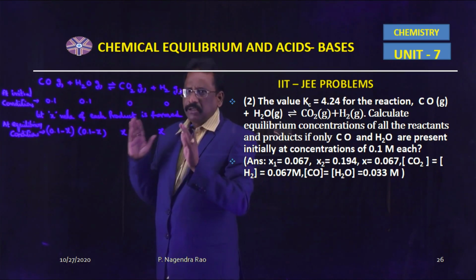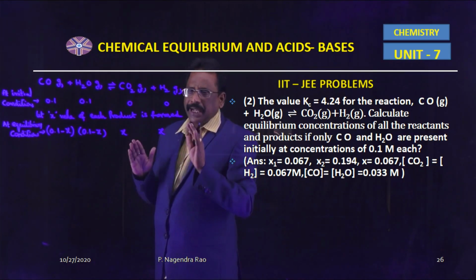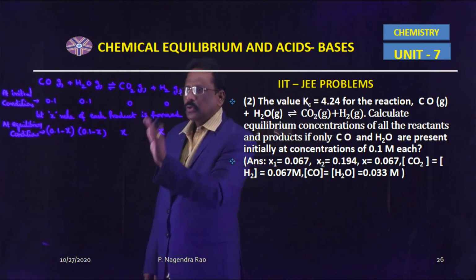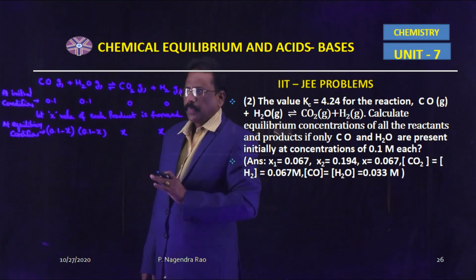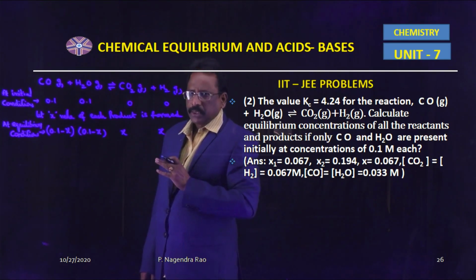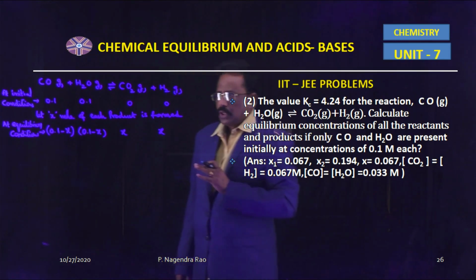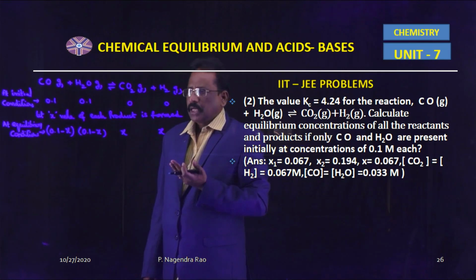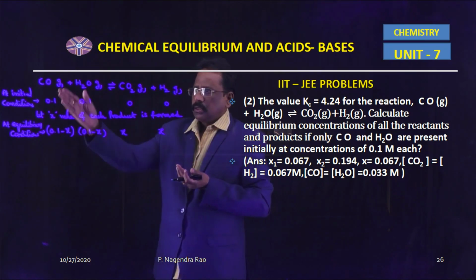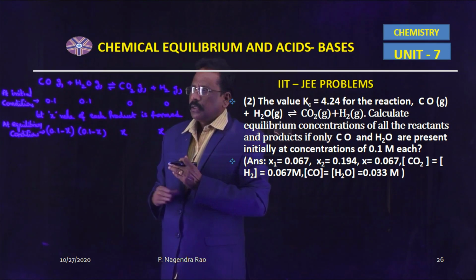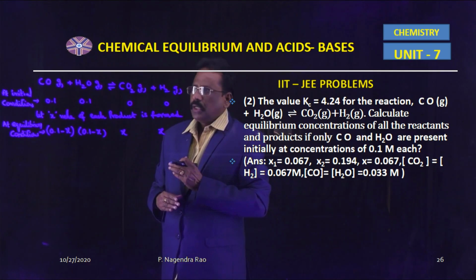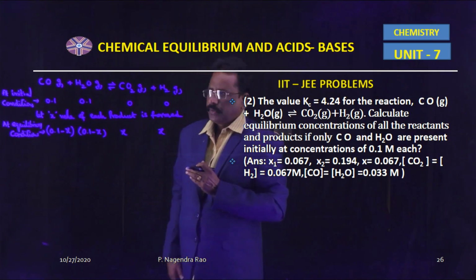That means at dynamic equilibrium, the active mass of dihydrogen gas is X, CO2 is also equal to X. For CO and water vapor, active mass is equal to 0.1 minus X, because initially in this problem the number of moles of CO and water vapor taken is equal to 0.1 each.